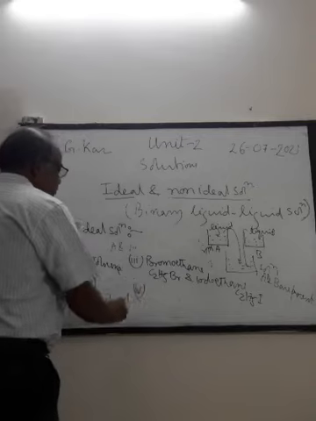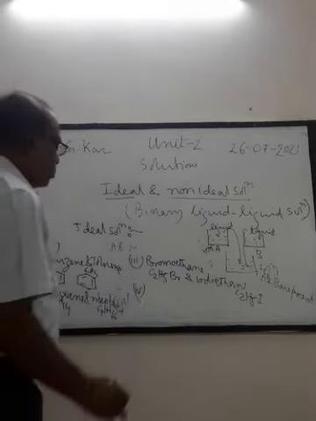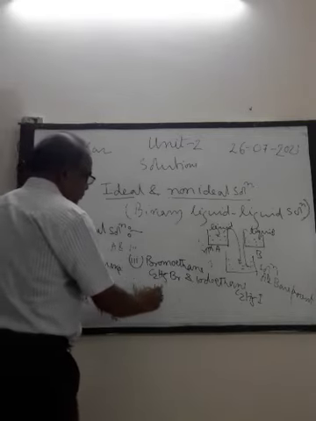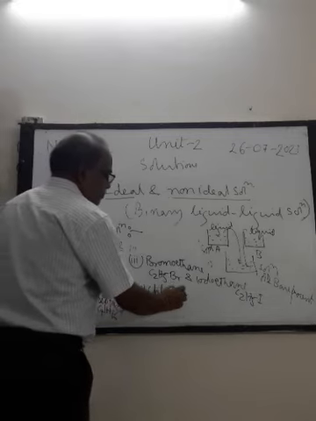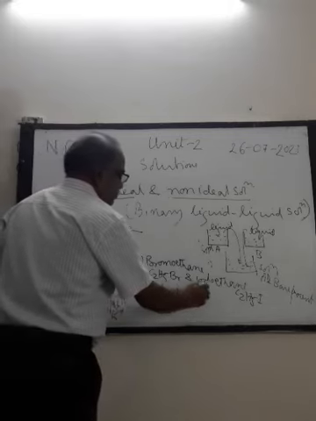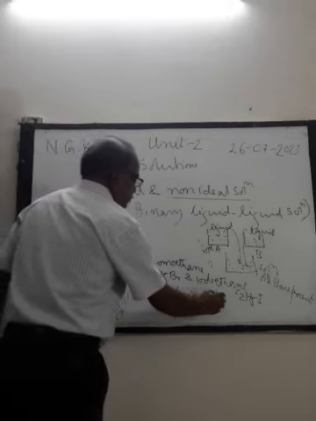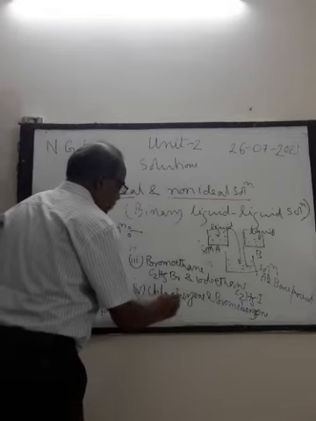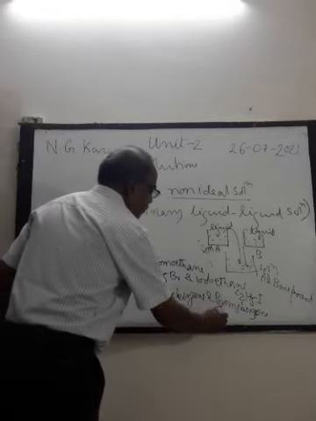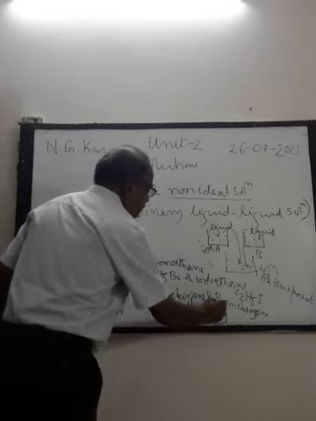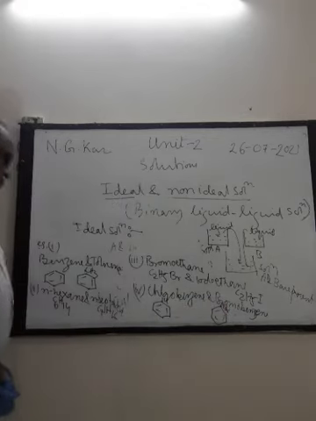Fourth example, chlorobenzene and bromobenzene. What is structure of chlorobenzene? So this is structure of chlorobenzene and this is structure of bromobenzene. So these are 4 important examples of ideal solution.